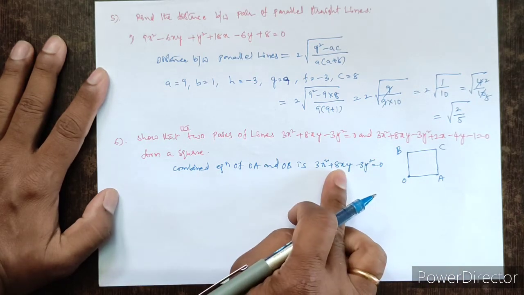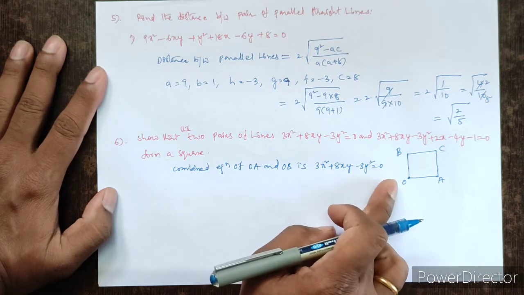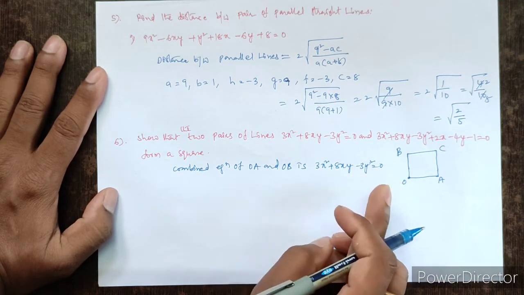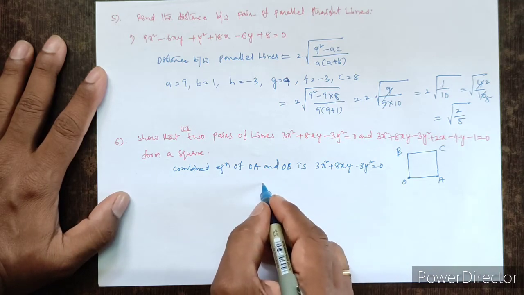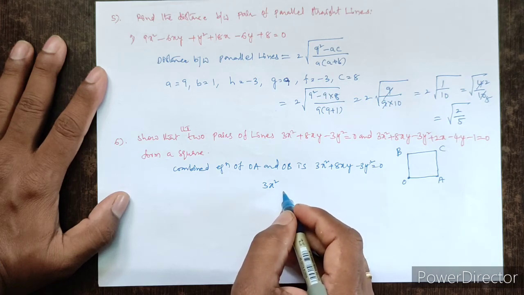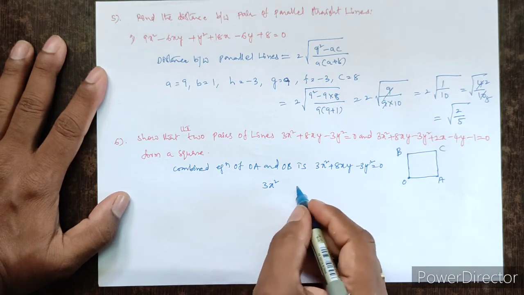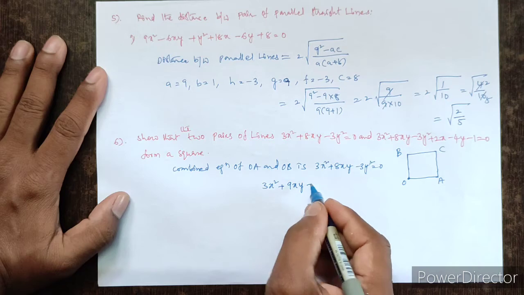So anyway, this is representing two pairs of lines, that is OA and OB. So this can be written as 3x square. We are factorizing into two lines. So 3x square plus 8xy is, I am writing here 9xy minus xy.